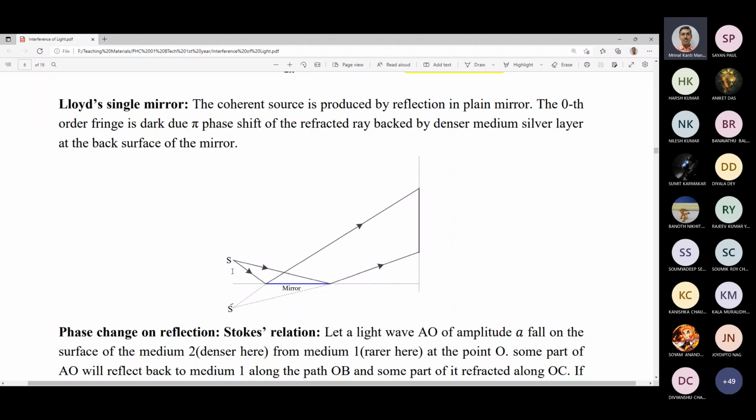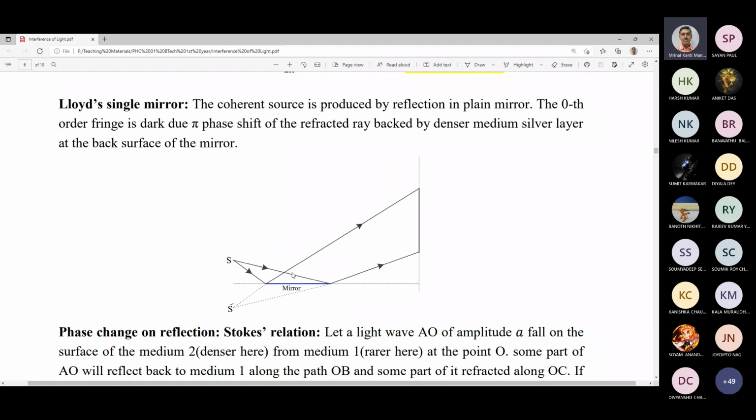Then what will happen, from this source light will fall on the screen directly. The direct beam will fall on the screen, and another light beam, that is the reflected beam, falls in this region. Another reflected beam will fall on the screen through reflection on this mirror.